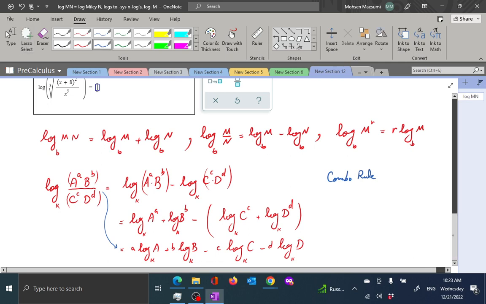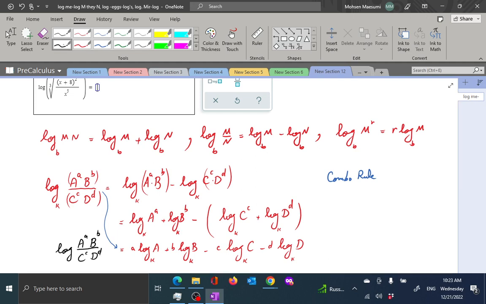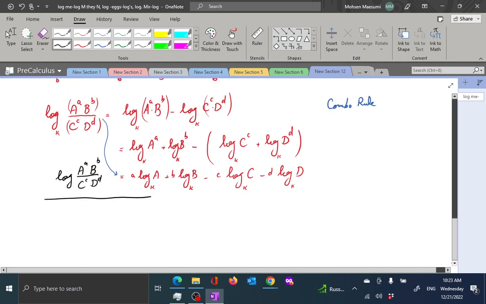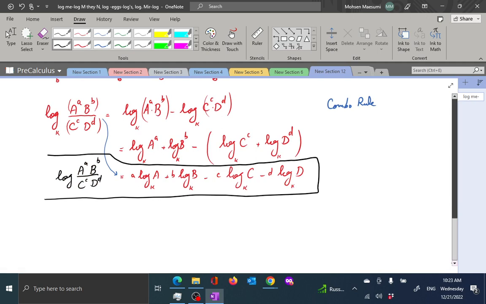So let me rewrite this thing. We have logarithm of... so you get the gist of the expression, that if we were doing something similar to this, it makes sense to apply this rule and be quick.